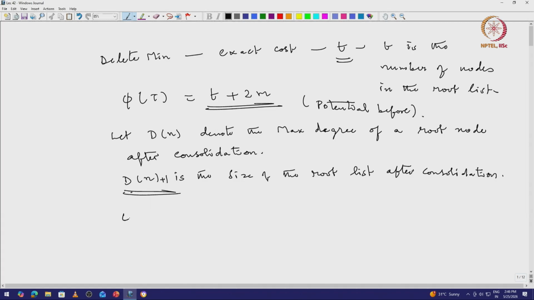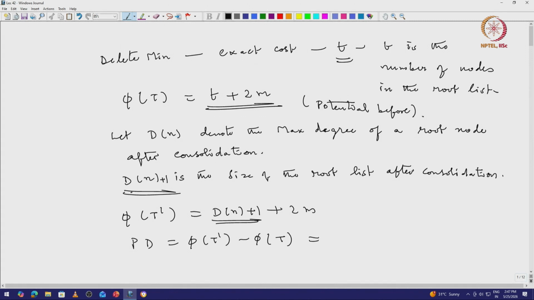Therefore, potential after is dn plus 1 plus 2m because this is the number of nodes in the root list and number of marked nodes remains the same. Therefore, potential difference, which is equal to phi of t dash minus phi of t, is dn plus 1 minus t.